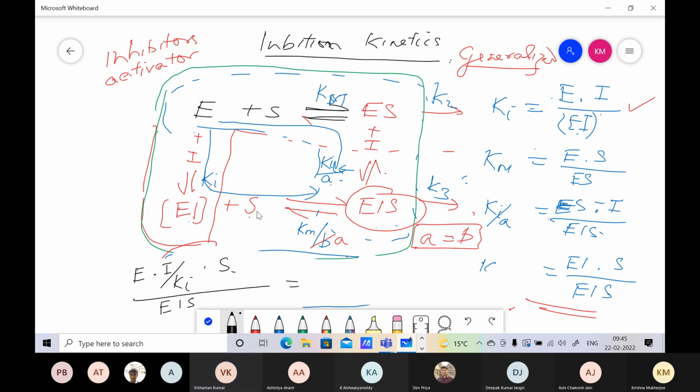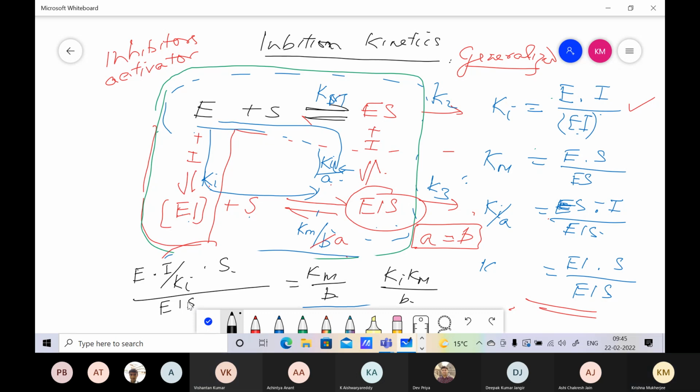Km by B. Km by B, right? So what do we get? So Ki goes there. So Ki Km by B, or Ki Km by A. So Ki Km by B, right, is equal to E into I into S upon EIS.